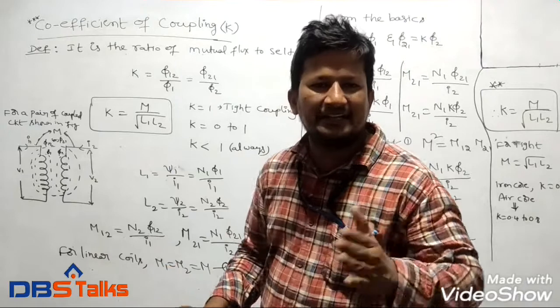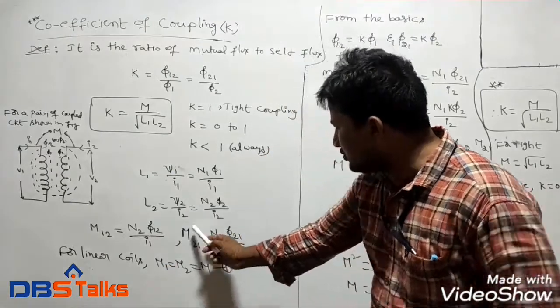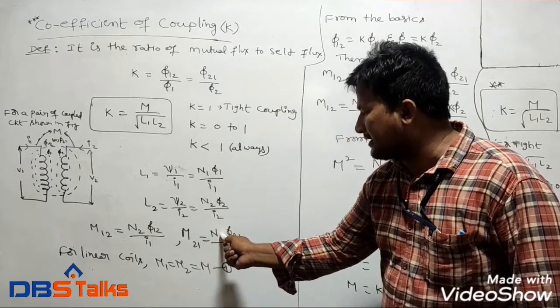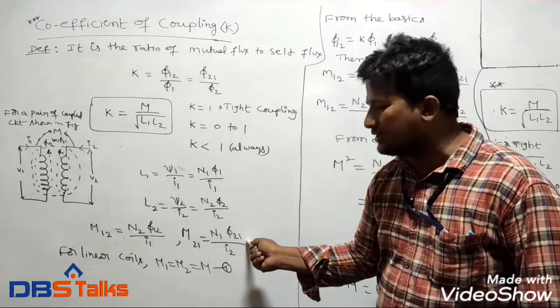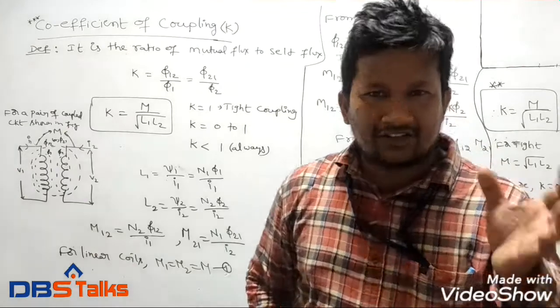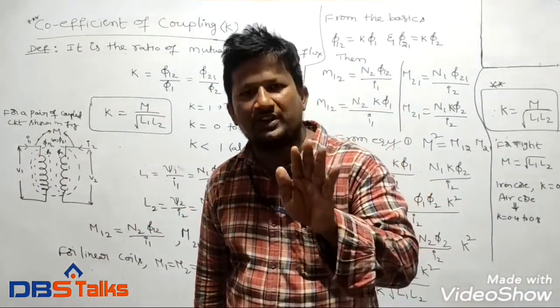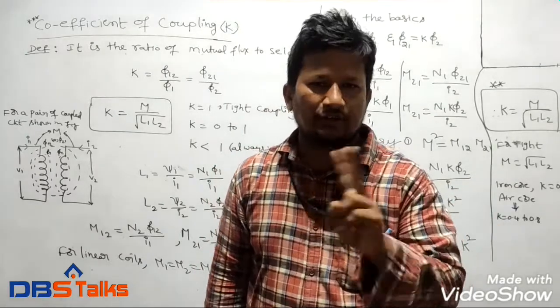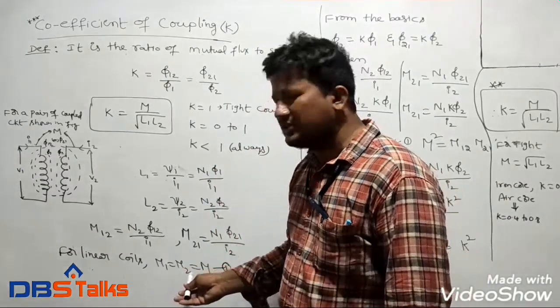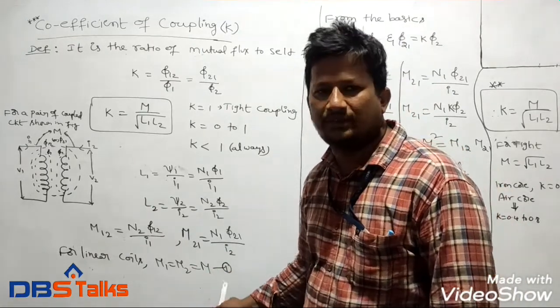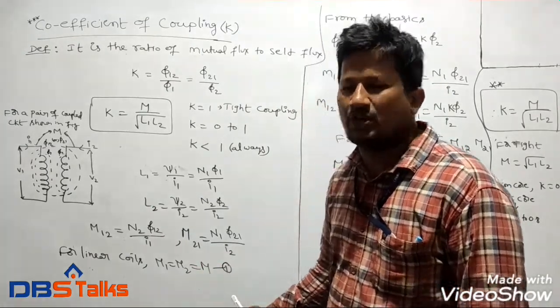Similarly, because of secondary current I2, primary flux is produced: M21 equals N1 phi21 by I2. Suppose our circuit is linear or bilateral, so the mutual inductance is the same for both circuits, that is M12 equals M21 equals M. Let us consider this as equation 1.